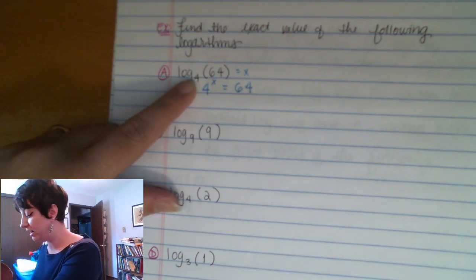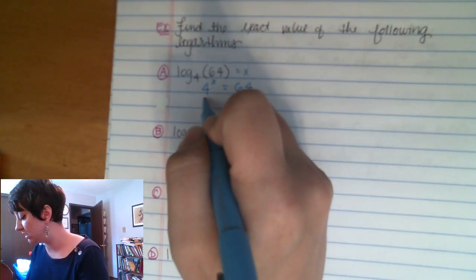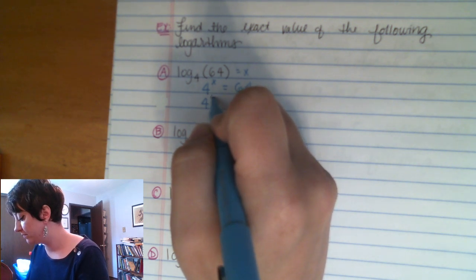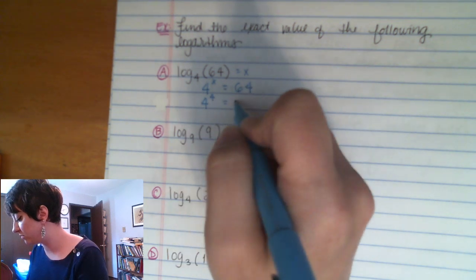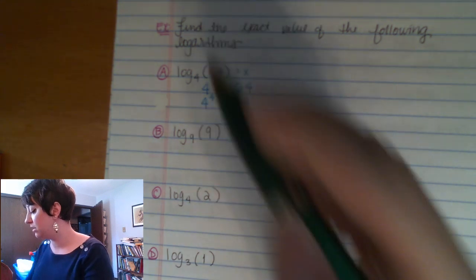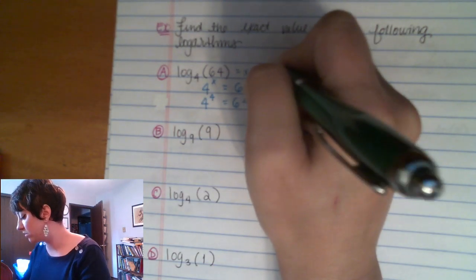Well, let's see, 4 squared is 16. 16 times 16 is 256, no, 16 times 4 is 64. So if I take 4 to the 3rd power, that's 64. So my answer must be 3.